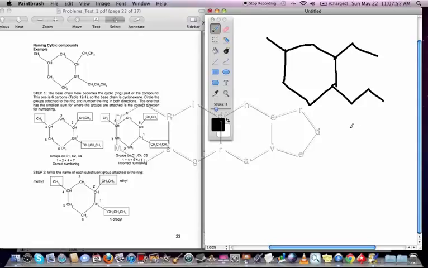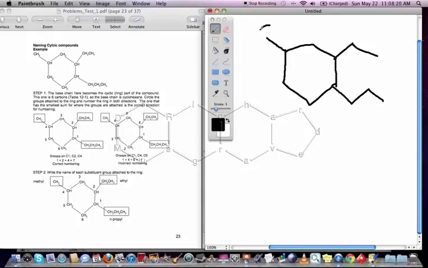So that's what that looks like as a line structure. Now the first thing we've got to realize is that the base chain is going to be considered to be the cyclic unit. So whenever you see a cyclic unit, always assume that to be the base chain. Since this is 6 carbons, the base chain is going to be a cyclohexane ring.